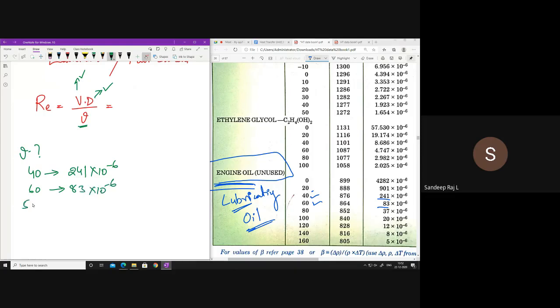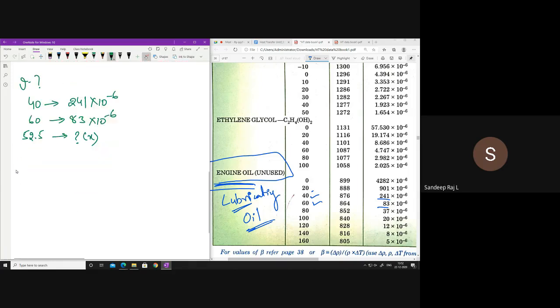Then you have to calculate it for 52.5. So do the interpolation fast and tell me what the value is.